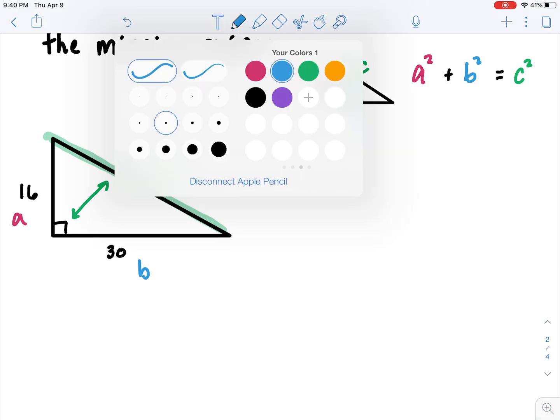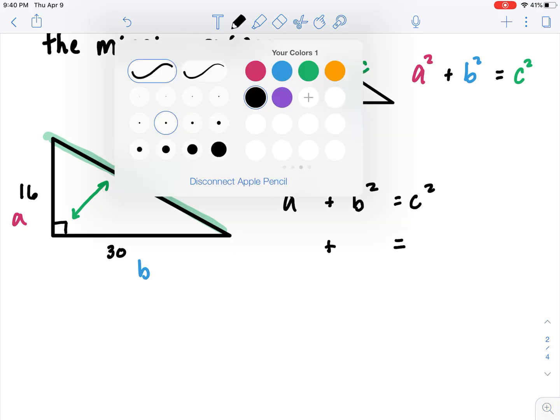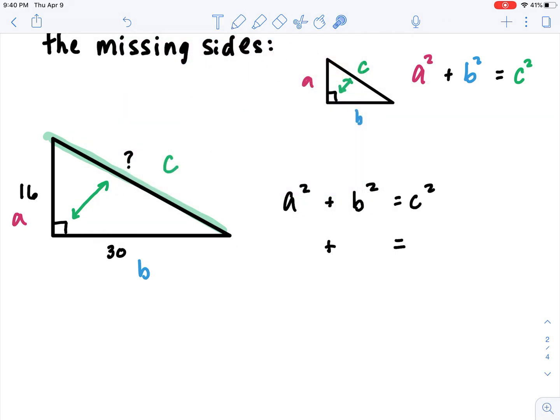Alright, so I'm going to write down our formula. A squared plus B squared equals C squared. And now let's start plugging in what we know. I know that A is 16, right? So where I see A, I can put 16.